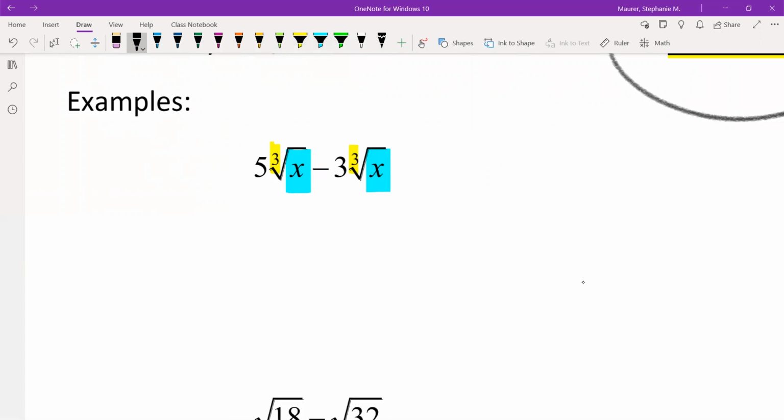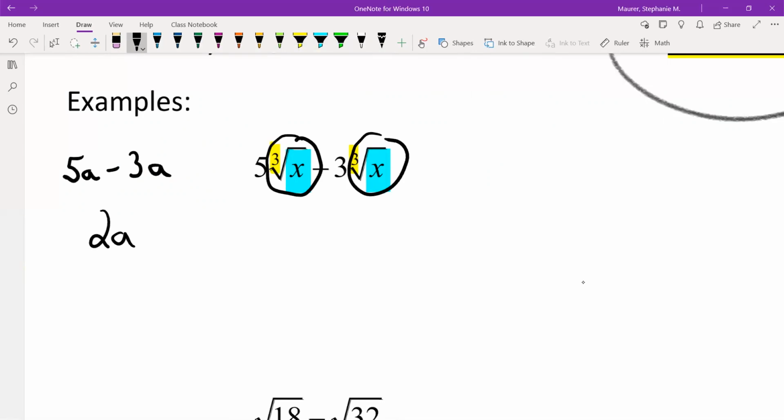But with addition and subtraction, think of this almost like having a 5a minus a 3a. If I had a 5a minus 3a, you would say 2a. And the same is true with this radical. Because these two pieces are the same, it's almost like having an a and an a. They're exactly the same.